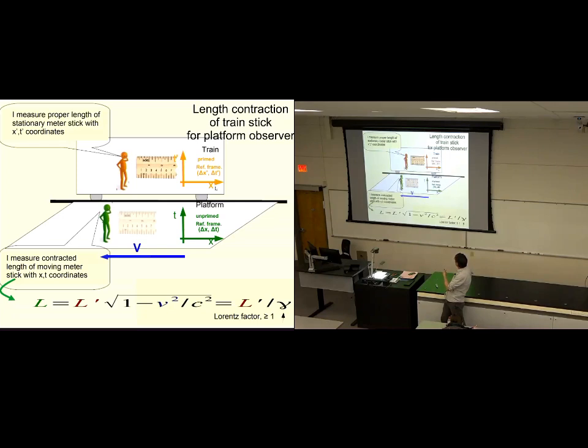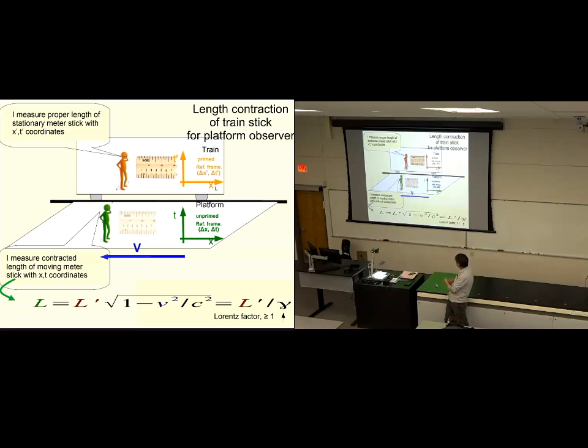The proper length of the meter stick in the train is measured by the train observer. So this observer sees a stationary meter stick, and measures the proper length. The contracted length of the meter stick in the train is seen by the station observer, who sees that meter stick as moving. So they see the contracted length. This is the equation for the contracted length as seen by the platform observer of this moving meter stick.